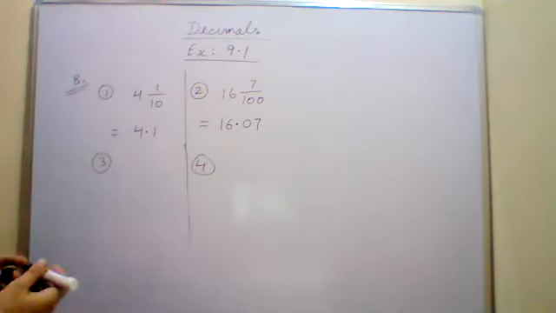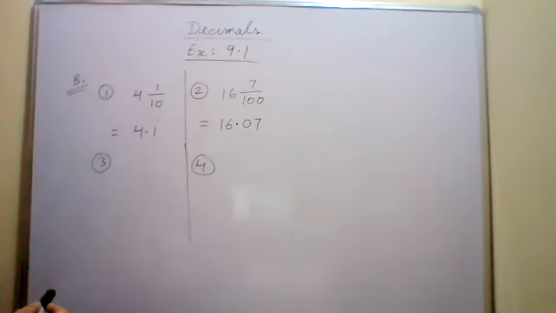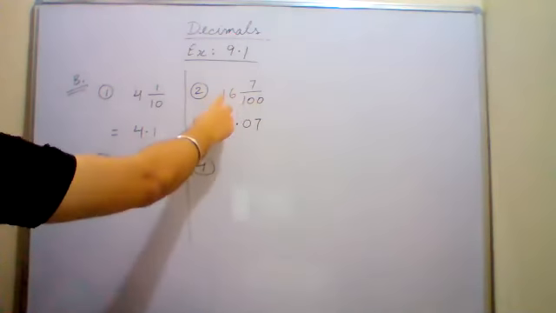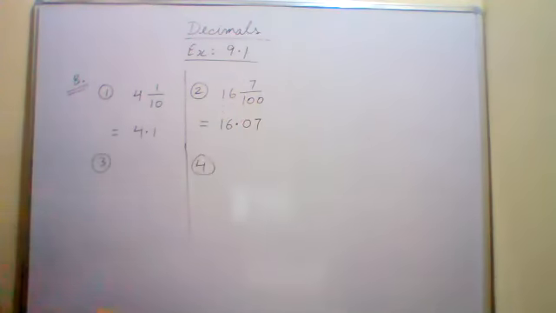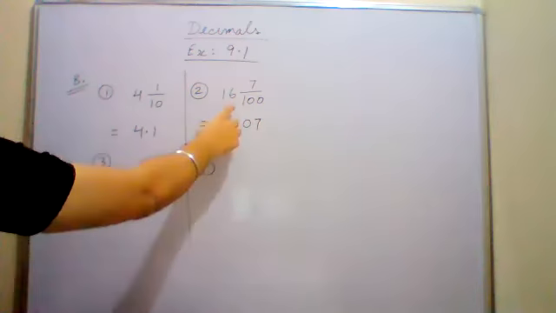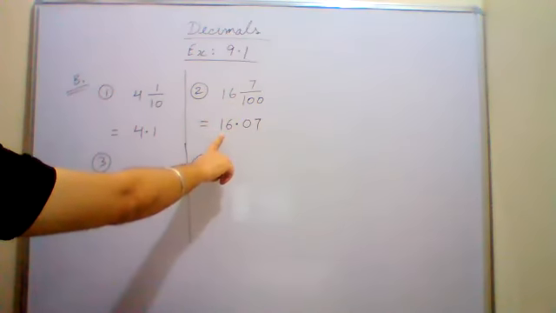Sir, I have a doubt. Yes, please ask. Sir, in the second question, can we put the point after 1 also? No. 16 is the whole number. It is not in the numerator. 16 is the whole number, so you have to write it like this only.